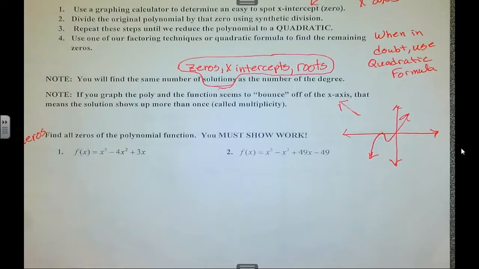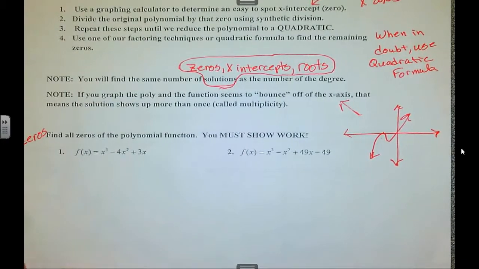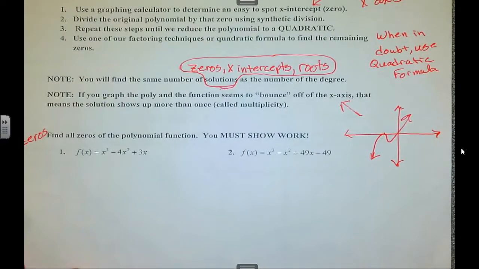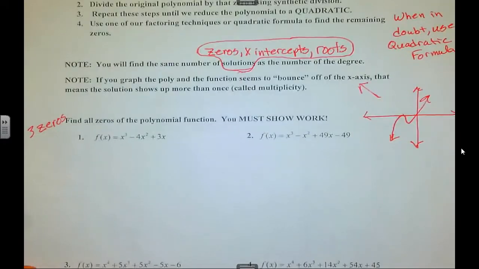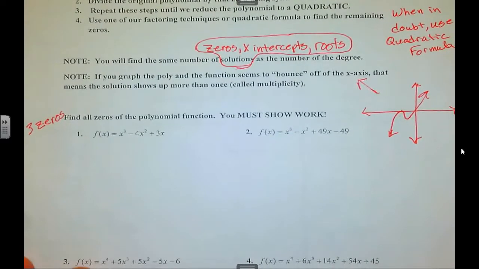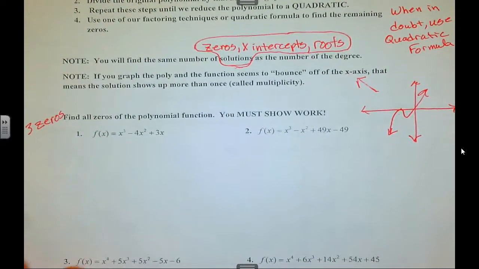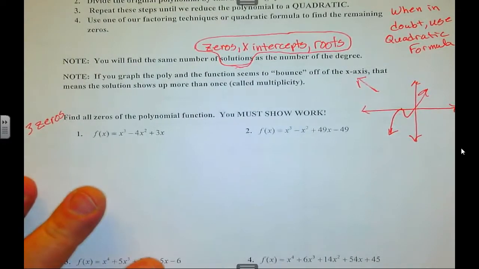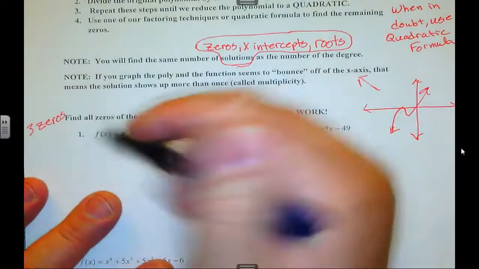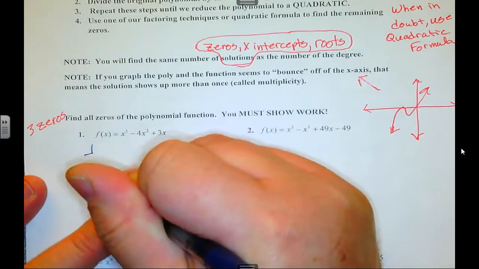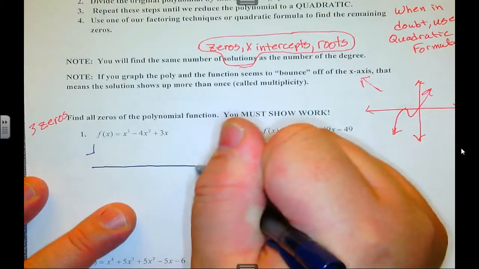Now, anybody know how to factor a cubic? No. So the first thing we're going to do, because we're going to get this down to a quadratic so we can factor it, we're going to use synthetic division to get it down to a quadratic.